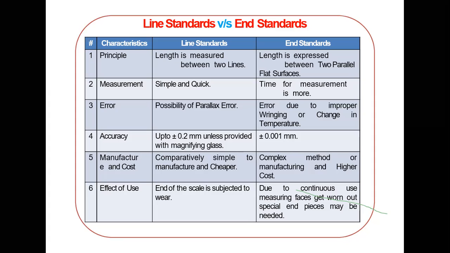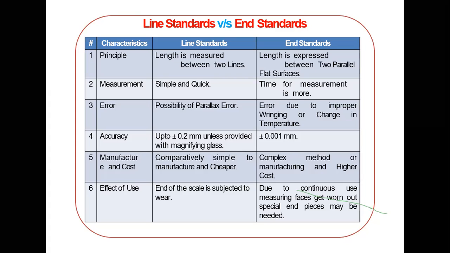But coming to the end standard, the length is expressed between two flat parallel surfaces. So that is the principle of the two standards. Generally, line standard is measured between two lines only, that is, a steel rule or measuring tape or any other thing. But the end standard is expressed between two parallel flat surfaces.